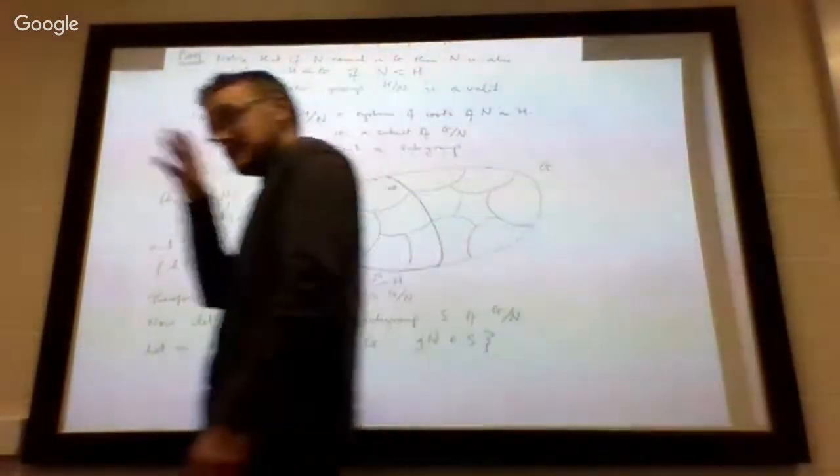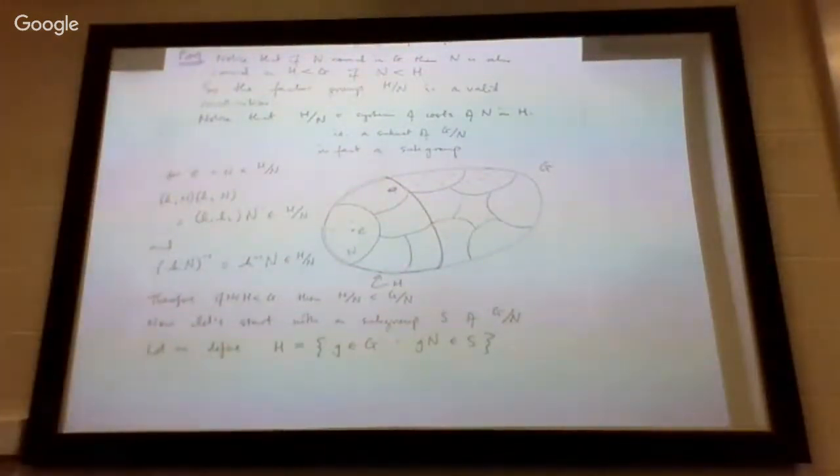So H has descended to the element level, so it's back in G, back as a subset of G. Now what we know there is that it's a subset. Claim it's a subgroup. Claim is H is a subgroup of G and it contains N.